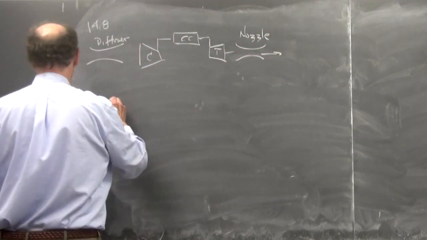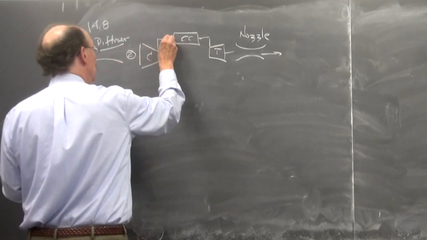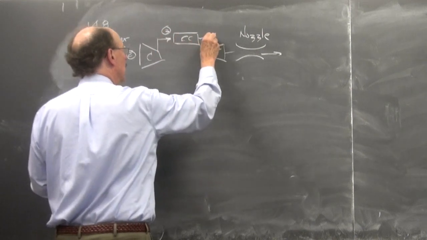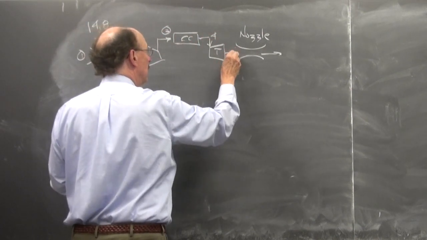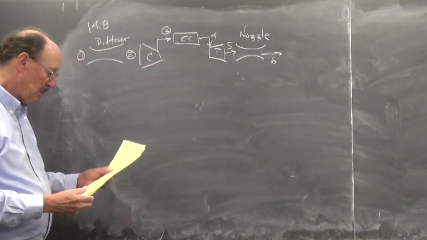And let's see, we have 1, 2, 3, 4, 5, 6. So we have our various states.